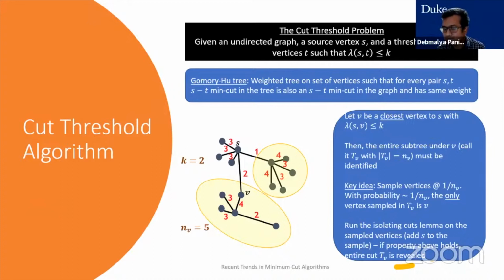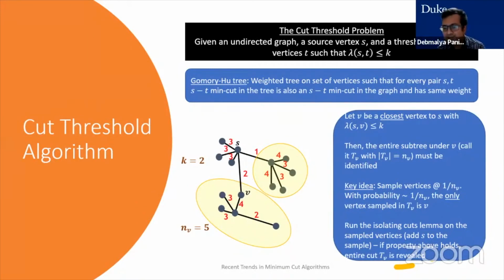That probability is about 1 over n sub V, or constant over n sub V. So there's constant probability that you choose exactly one vertex, and then given that, what's the chance that you ended up choosing V precisely? That's another 1 over n sub V. So it's some constant times 1 over n sub V. That's the probability with which my sample hits precisely V.